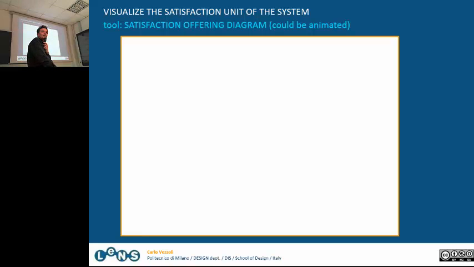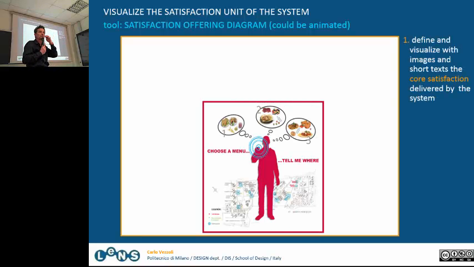Then something else you will be asked to make is the satisfaction offering diagram. First of all, we have to define the core offer, the main satisfaction. So you have to identify this quite well, and find a good image to present it, a good slogan, something that highlights it. It could even be a question, whatever.